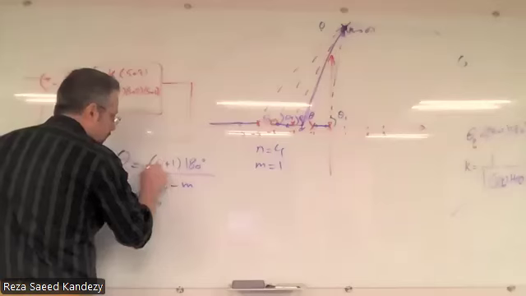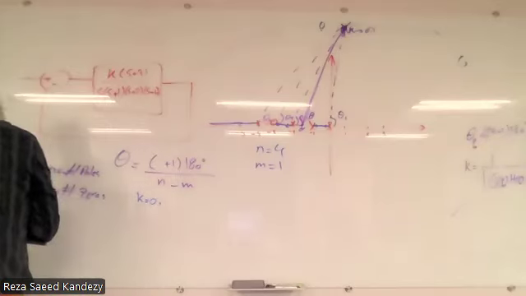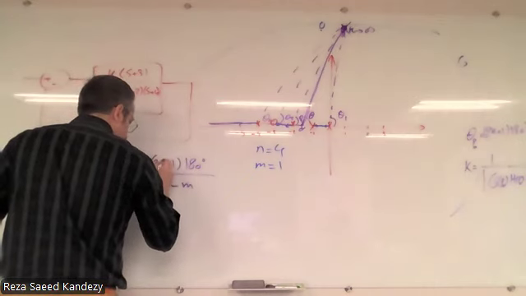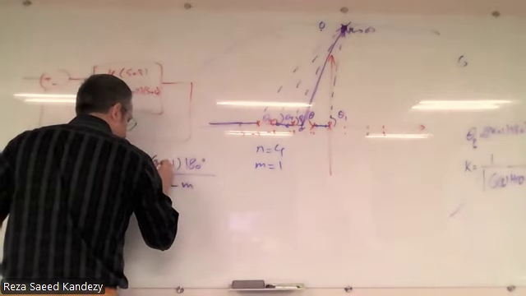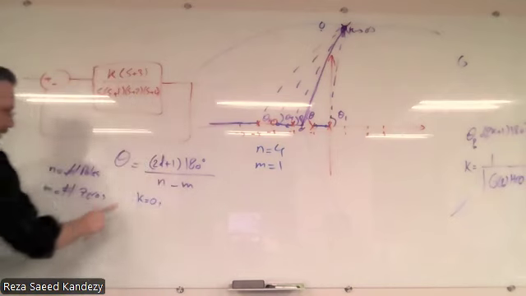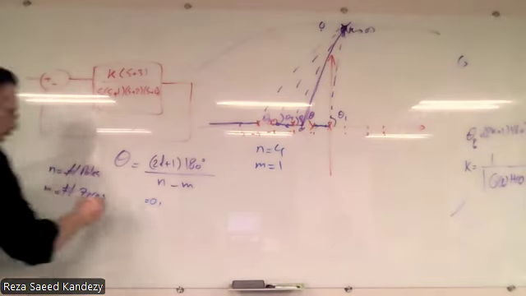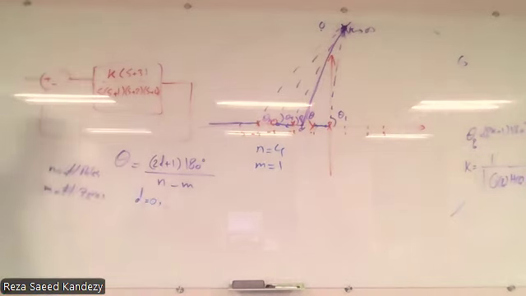I don't want to confuse you with that K that we have there, so let's say, D. One D is 0.